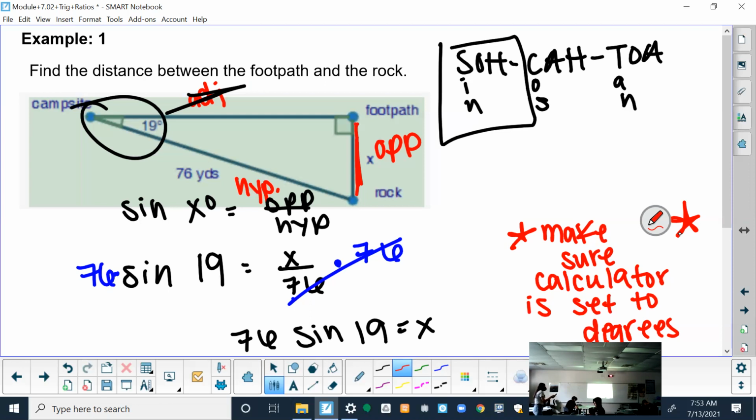All right. So on your calculator, look by the second button, the blue button right next to it. You'll see a mode button. All right, click that. It brings up a menu. And when you use the down arrow, you see the options radian and degree. Put the arrow to degree and hit enter.